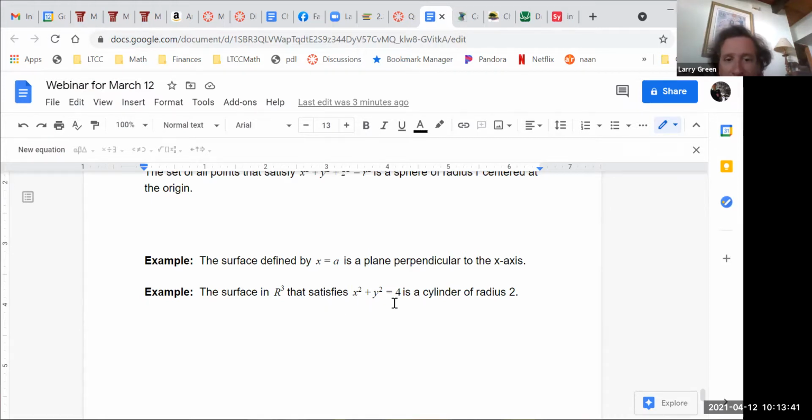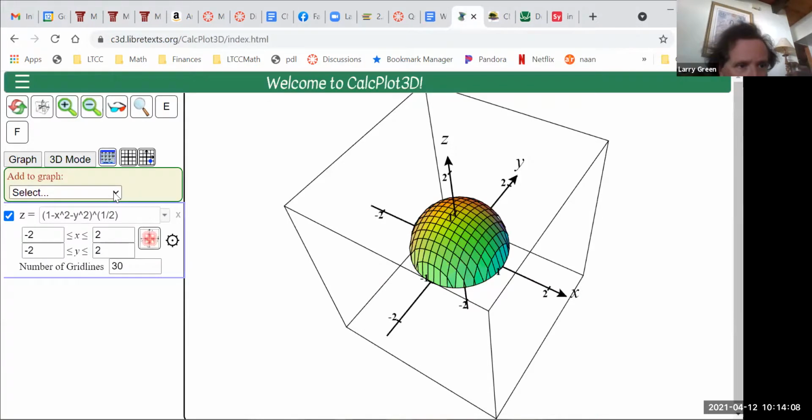If z is 10 and you're on that circle, it's still true, which means you've taken the circle and raised it up or dropped it down, and that'll still be part of the surface. So x squared plus y squared is 4 is going to be a cylinder of radius 2.